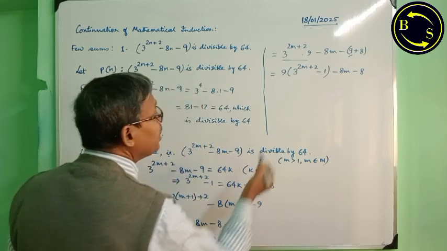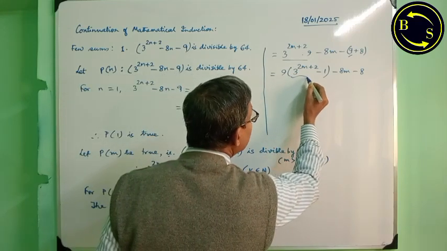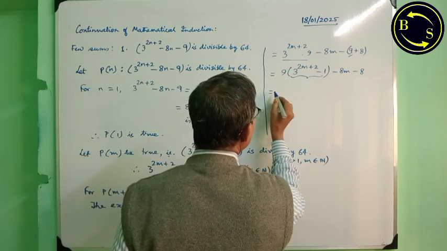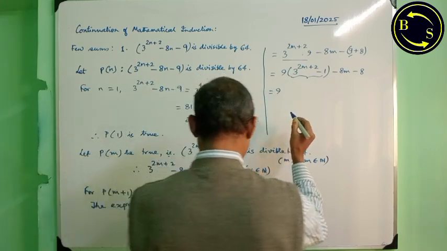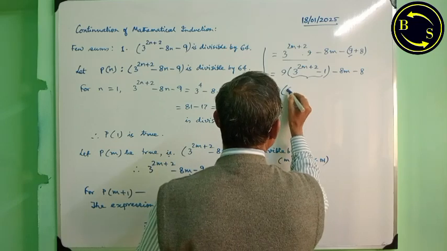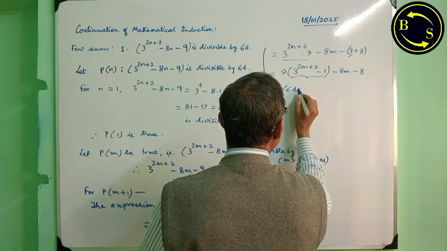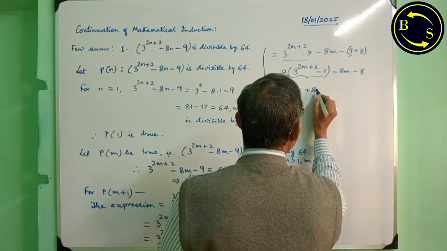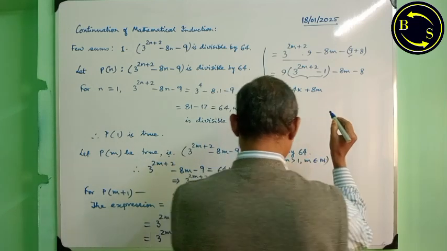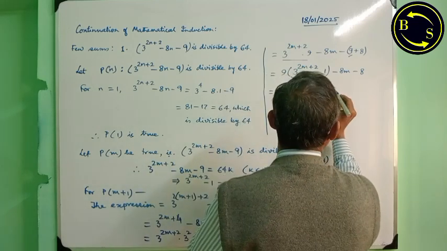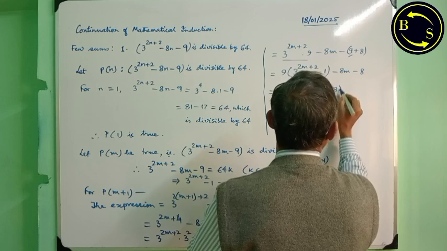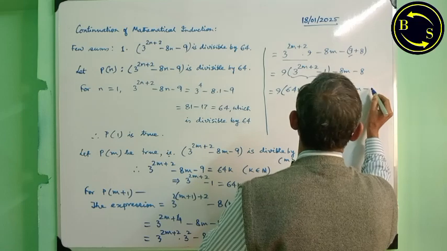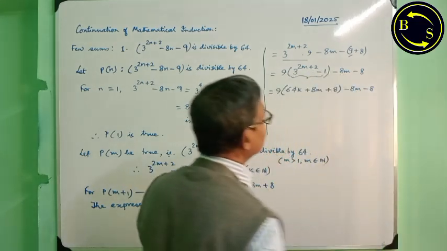Therefore, in place of this part, I can replace this one. That is equal to 9 within brackets 64k plus 8m plus 8 minus 8m minus 8.